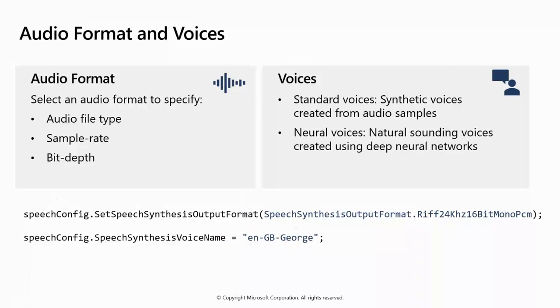Okay, we have a lot of voices. Let me show you. Well, let me send you the documentation. Give me a sec. I have the list right here. I think it is right here.